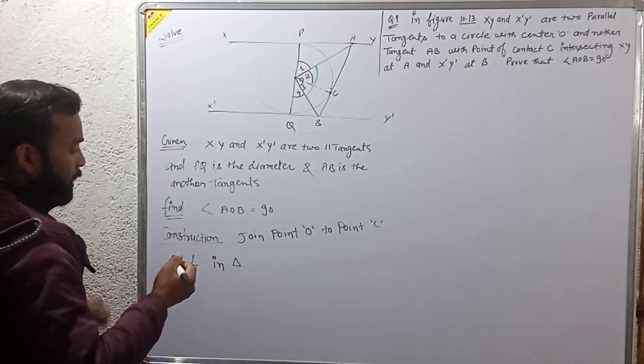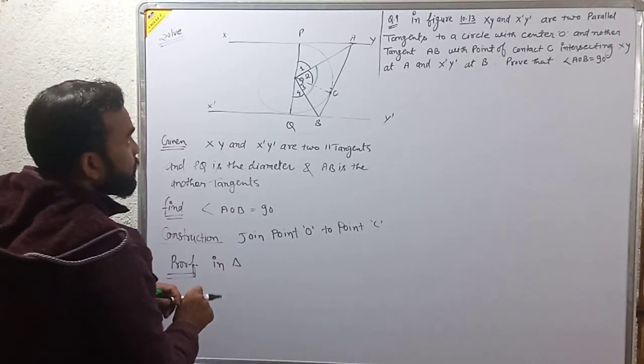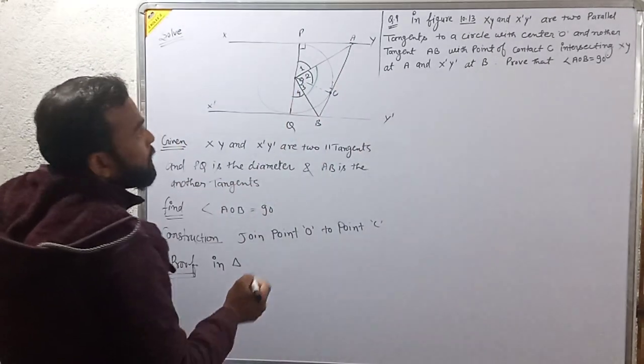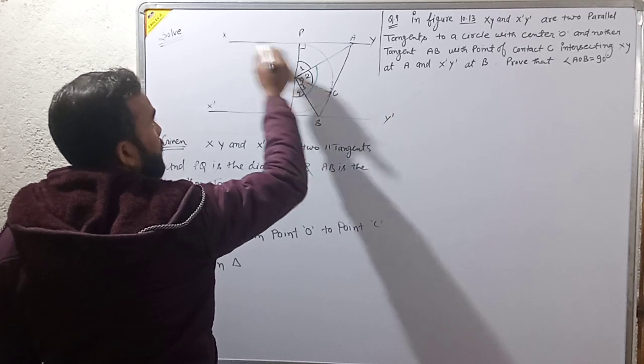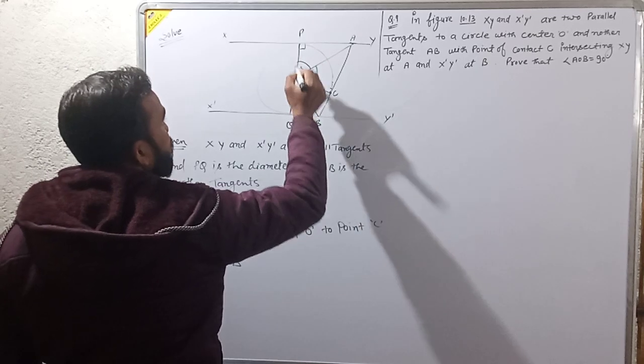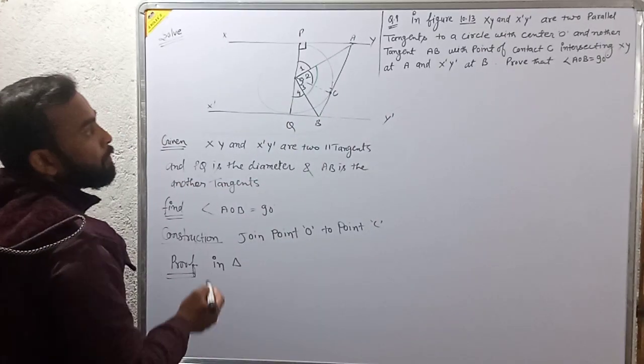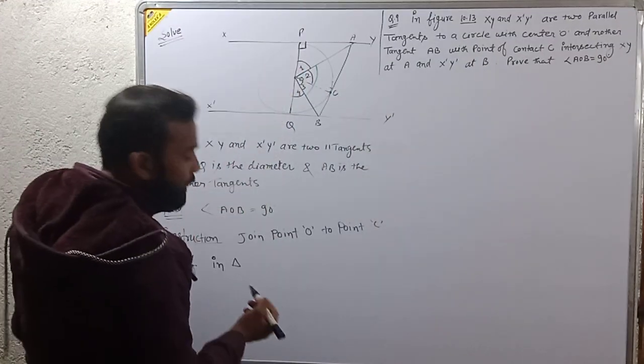Clear? In a triangle, this will be 90 degrees because XY is the tangent and OP is the radius. The angle between tangent and radius will be equal to 90 degrees.